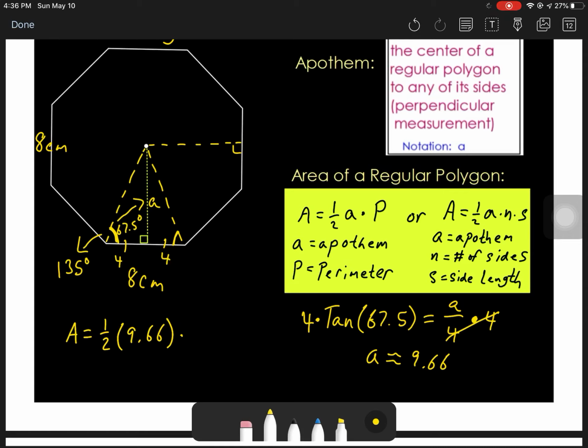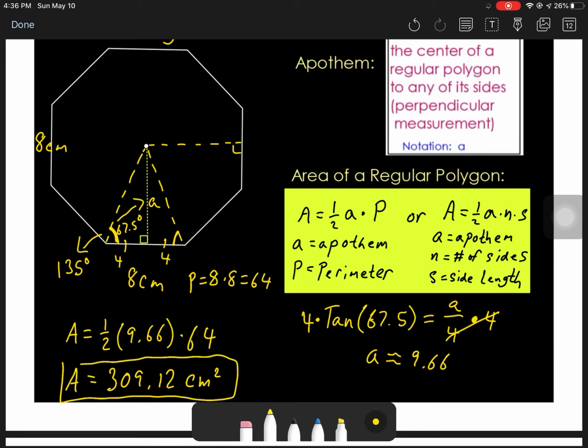It's an 8-sided figure, and if each side is 8, you just take the number of sides times the side length, which is 8 times 8 equals 64. So P equals 64. Now we've got everything we need. Let's type this in our calculator. And we get 309.12 if we're doing the rounding. Then we'll label that as centimeters squared since it's area.